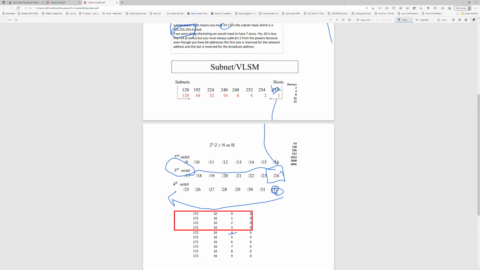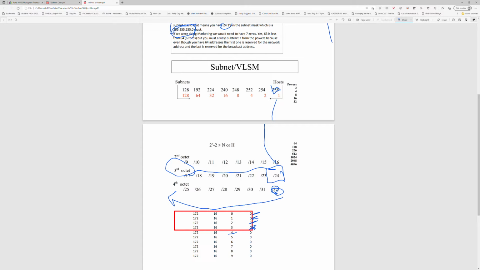So this would be the one that I would use for sales. This would be the one I use for marketing. This would be the one I use for the 3rd network, which I can't remember the name. And then the last one would be for my serial connection. But you see, the problem here is every one of these pieces of the pizza that I sliced up is big enough to feed 232 people.